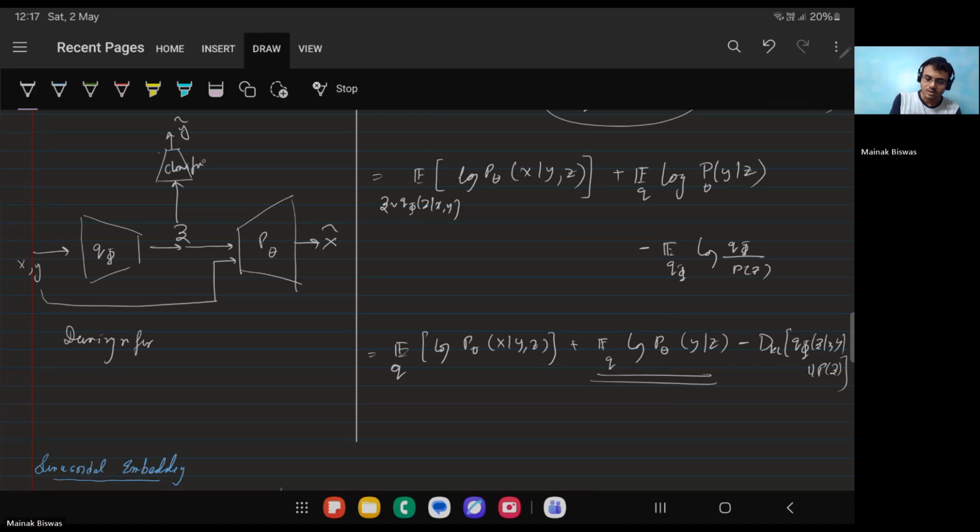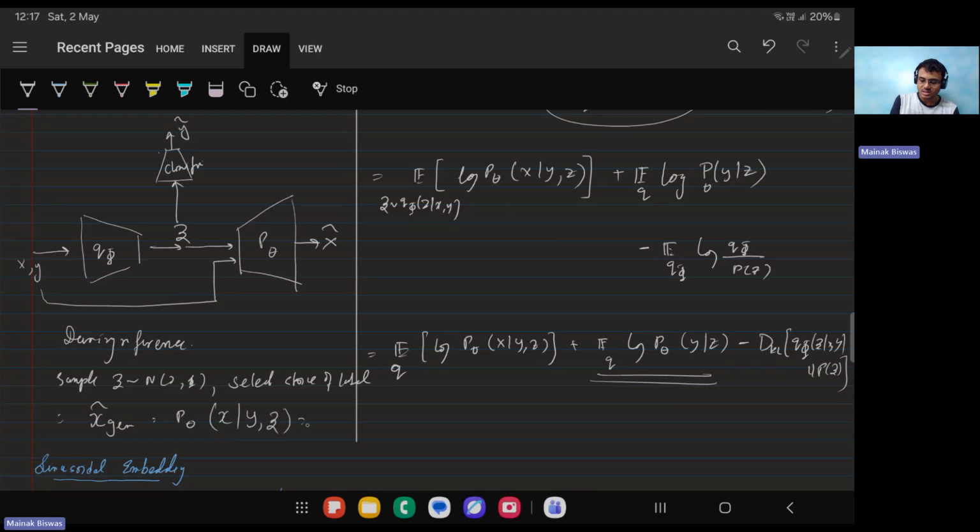So during inference, sample z from normal 0, 1, select a choice of label, and then x generated is just p theta of x given y comma z, which is some model M theta of y comma z.